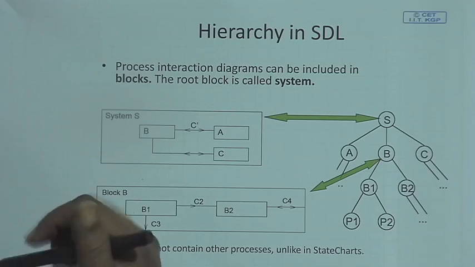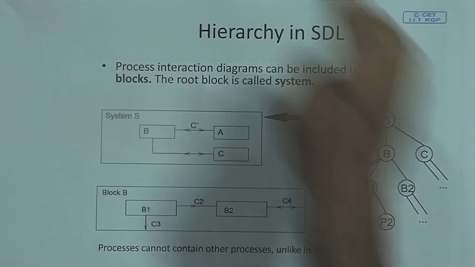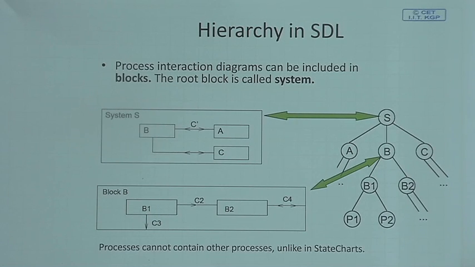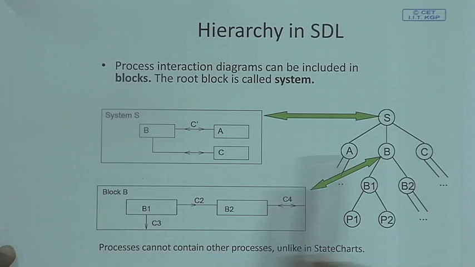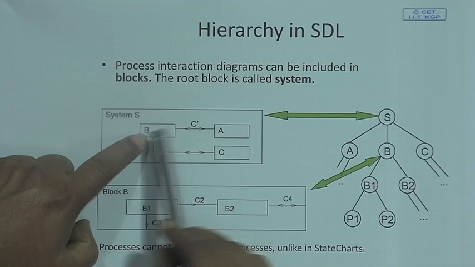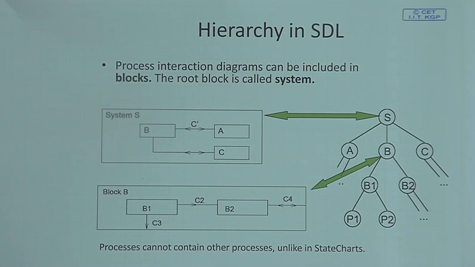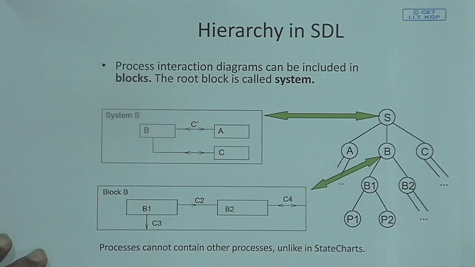Let us look at this diagram. Clear? It is coming clear. So, I have got a system S. At the top I have got system S, and that I have got 3 blocks A, B, C, and there are communications among themselves.